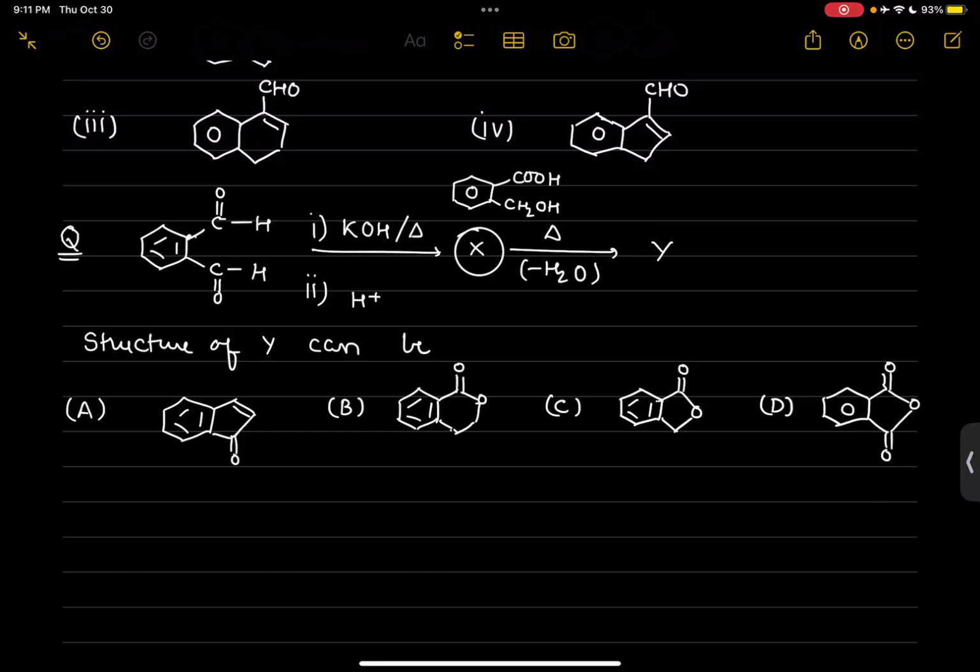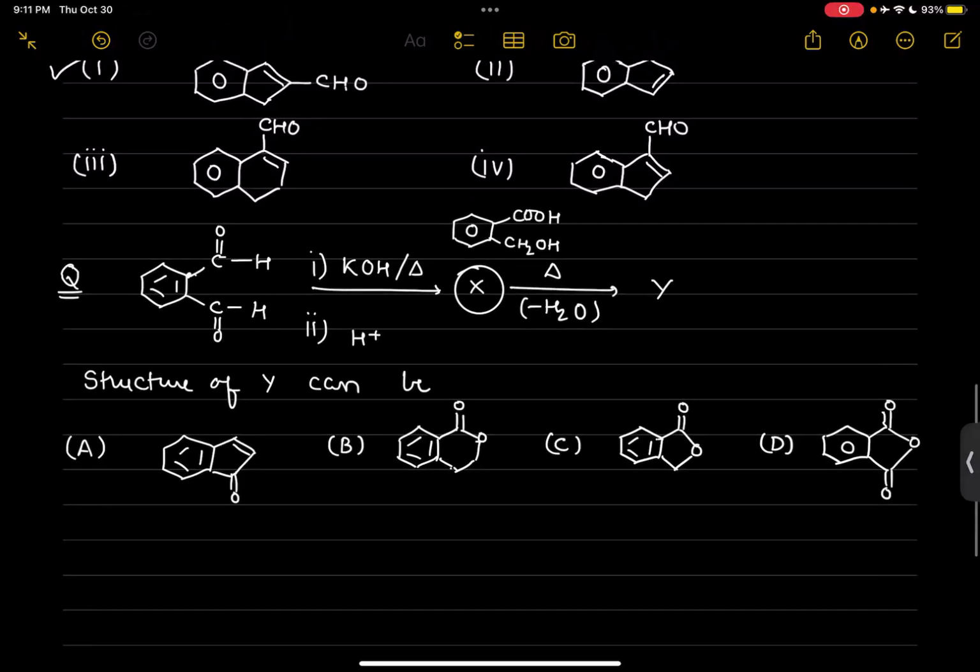What is the functional group known as? It is known as ester. Is it clear?